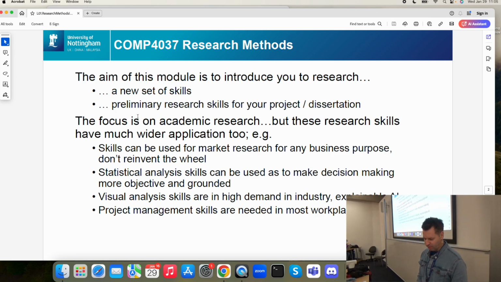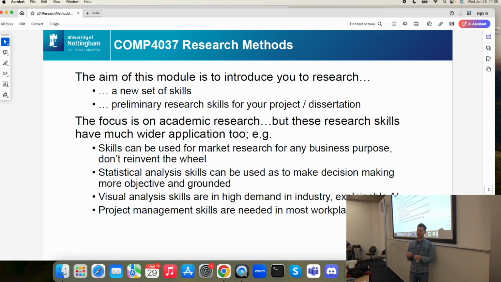The focus of the module is on academic research, but these skills can also be used outside the module, in your jobs, in your future offices, right? They can be used for market research, for any business purpose, to make sure that you're not reinventing the wheel.